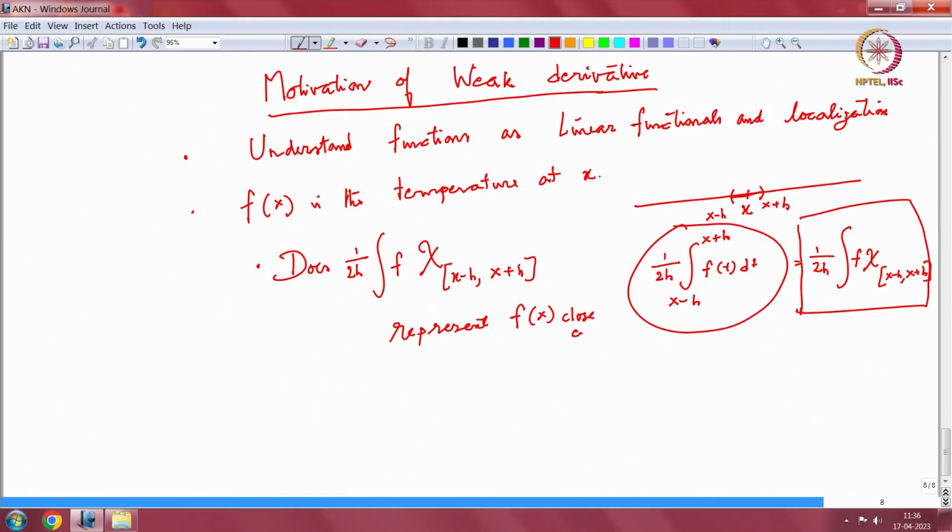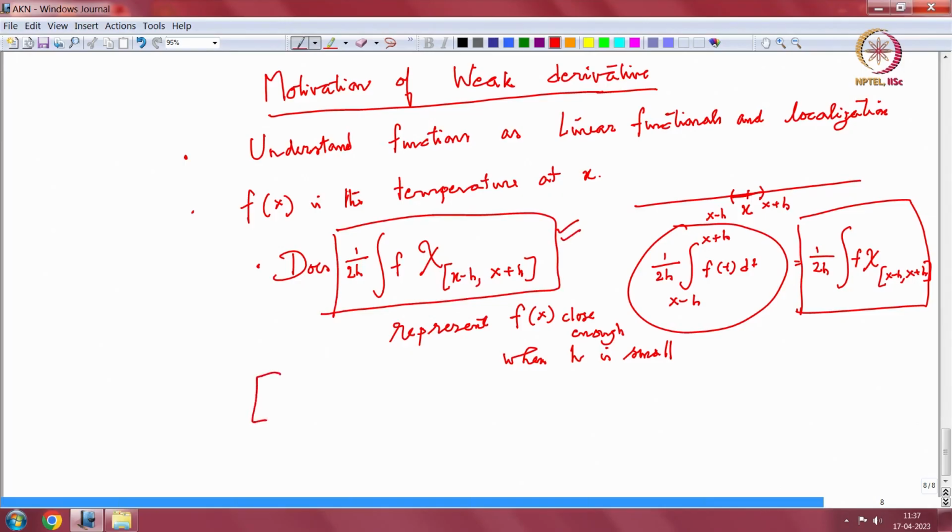Can you have this close enough? You see, when h is small, okay. So, the quantities experimentally available are this one, not f of x. But does this really give you f of x?